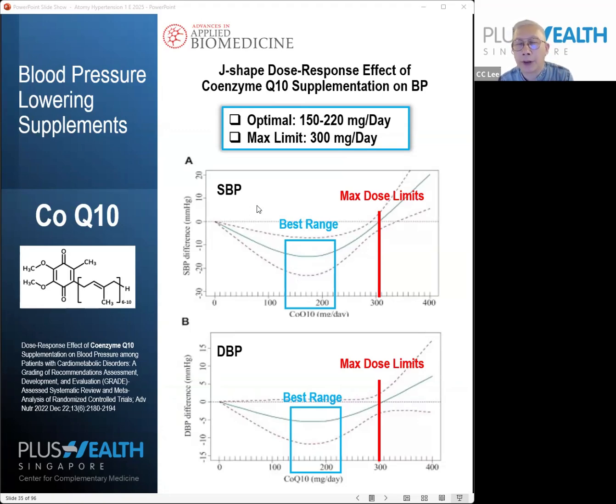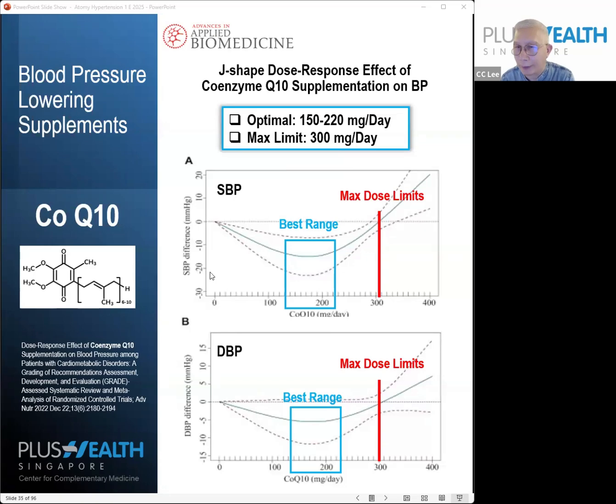So the optimal dosage for CoQ10 is between 150 to 220 milligrams per day. You should keep your CoQ10 supplement below 300 milligrams per day, especially if you are suffering from hypertension and want to reduce your blood pressure. Very important. So when you take supplements, more doesn't mean better.